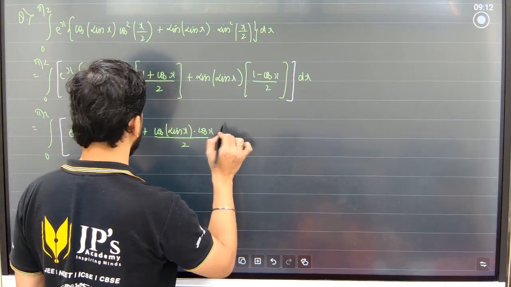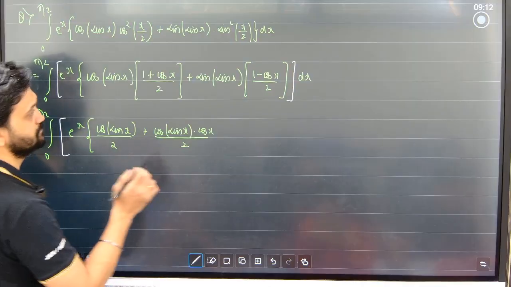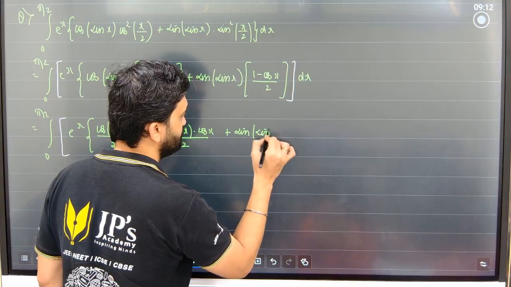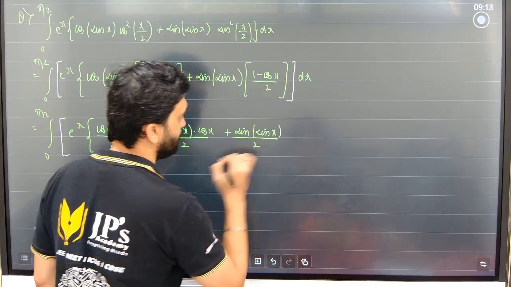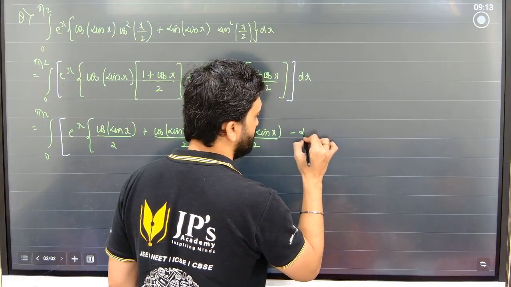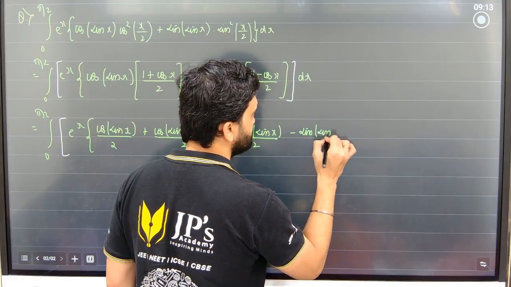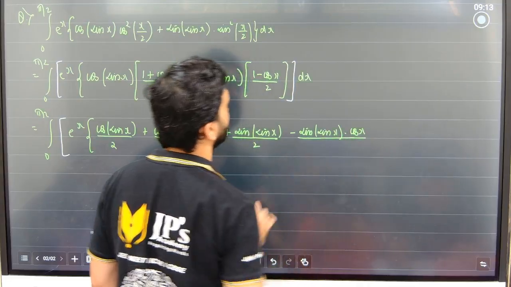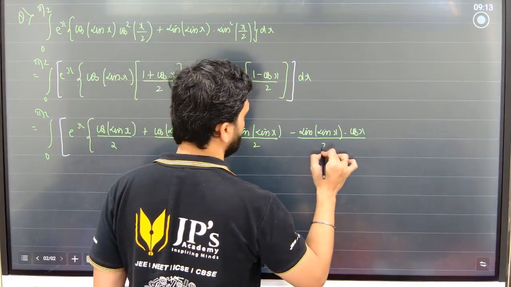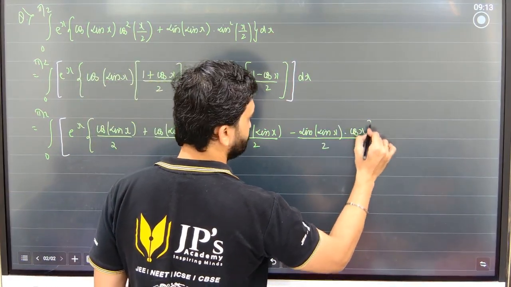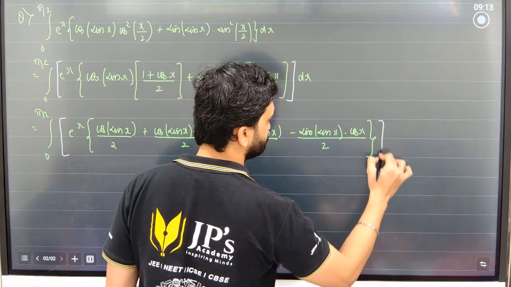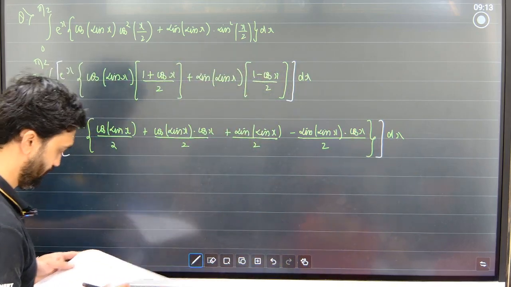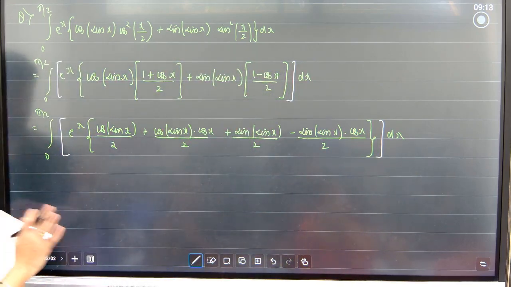Okay, I've just opened this, and this will become plus sin of sin x by 2 minus sin of sin x into cos x the whole upon 2. Okay, so guys, all I have done is I've just opened the bracket, nothing like that sort.